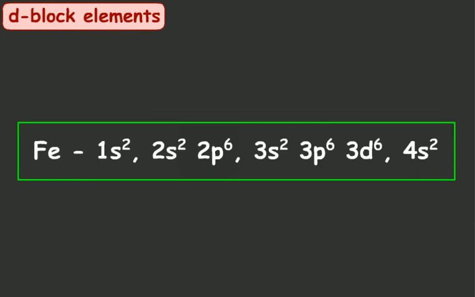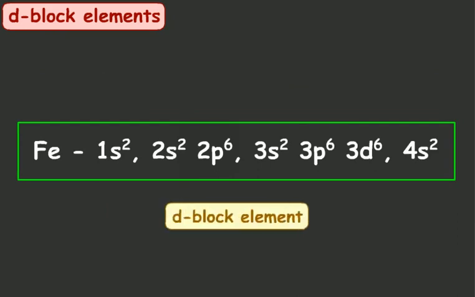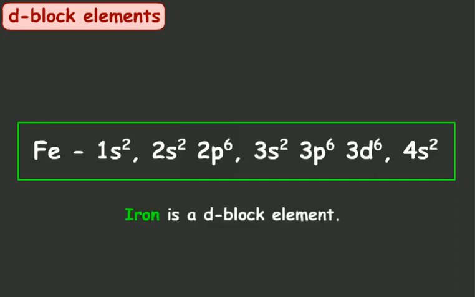Thus, the last electron is distributed in d subshell. Such an element is called d-block element. Iron is a d-block element.